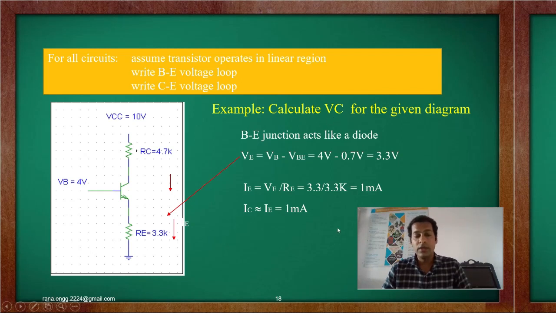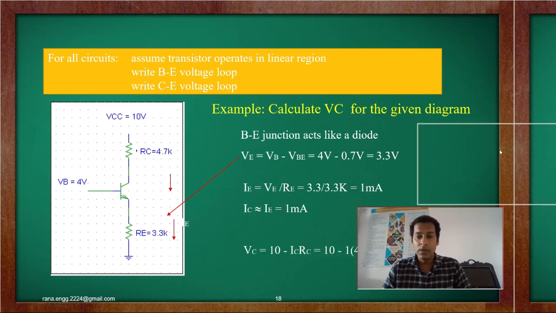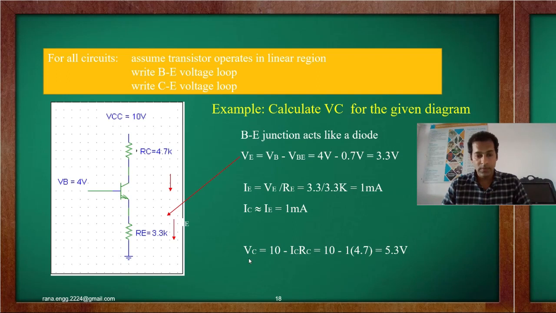So we have to calculate VC again by using Kirchhoff's voltage law. VC will be equal to 10 minus IC RC, the supplied voltage minus the voltage across this. At this point, there are two things: one is 10 volt, and another one is the voltage across 4.7, which is calculated here.